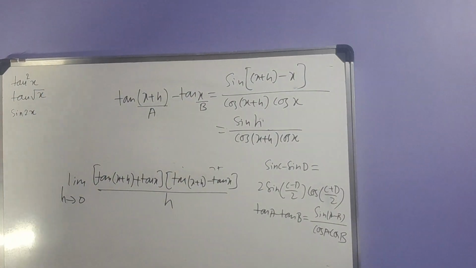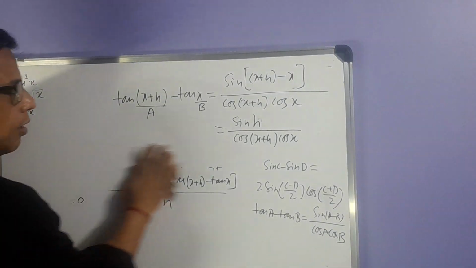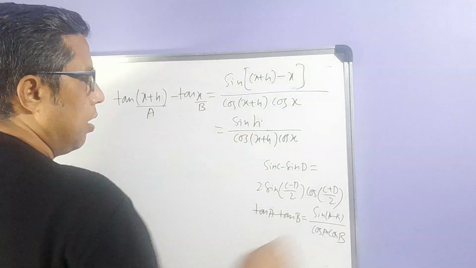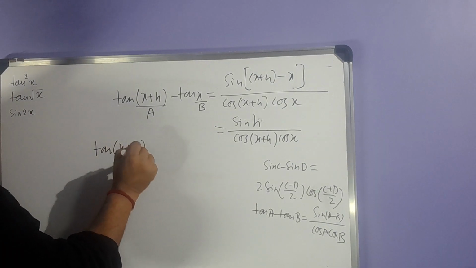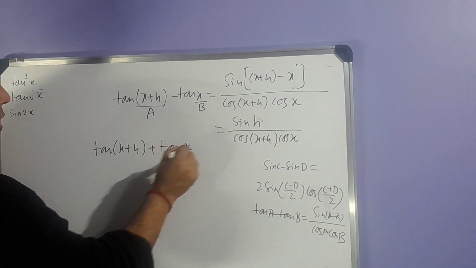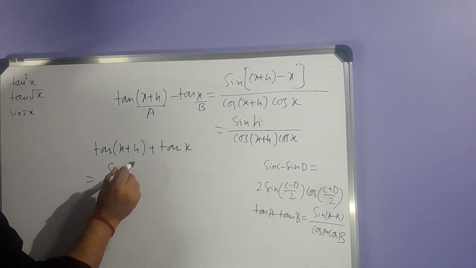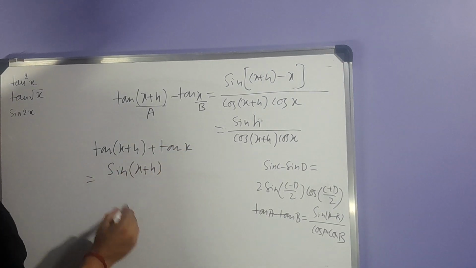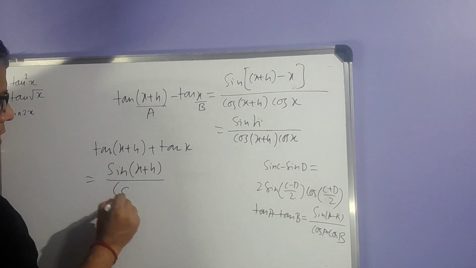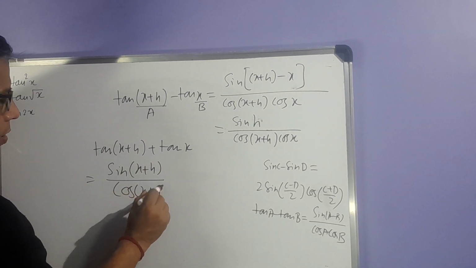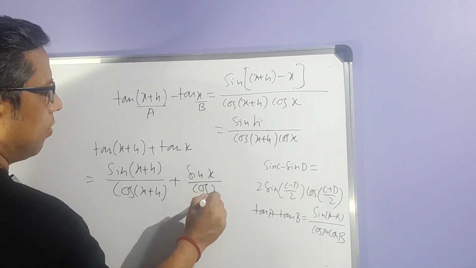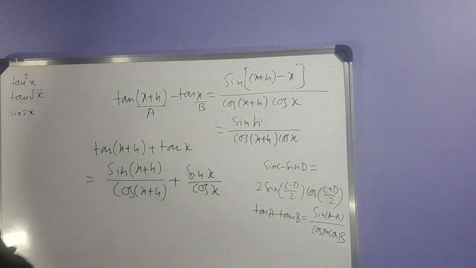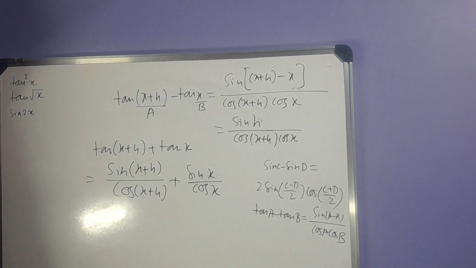Do I need to zoom it? Okay. Now next is tan of (x plus h) plus tan x, which means sine of (x plus h) by cos of (x plus h), plus sine x by cos x. No step jump is allowed. You should not do any step jump, right?